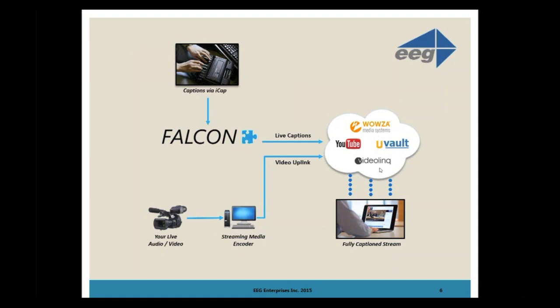So if the end broadcast customer or the end content owner who's controlling the stream is using one of those softwares or services, you'd be able to deliver the captions to them. If they're using a different software or service, you would have to work with them potentially.